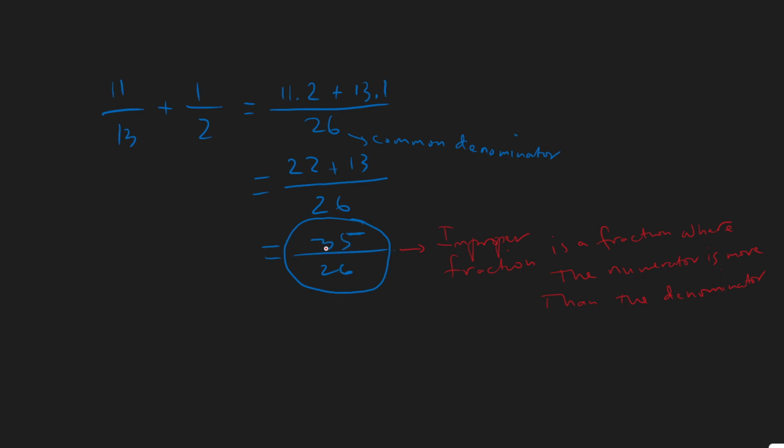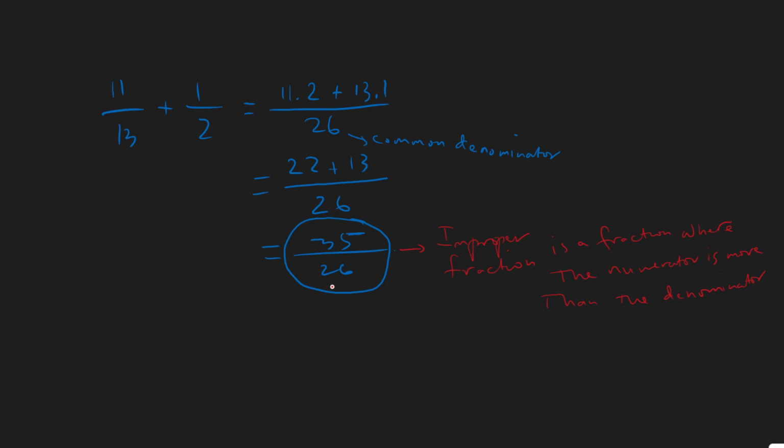So whenever you get a fraction like this, where the numerator is more than the denominator, you should convert that so that the numerator is less than the denominator. So this takes us to our next lesson on fractions called mixed numbers.